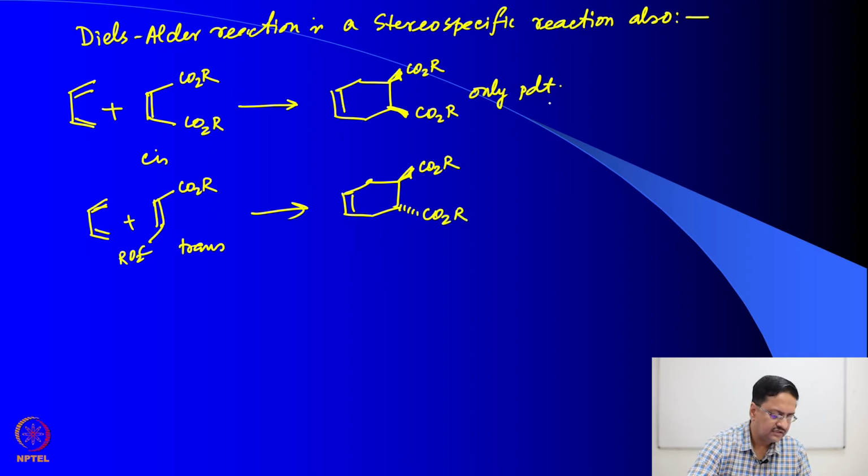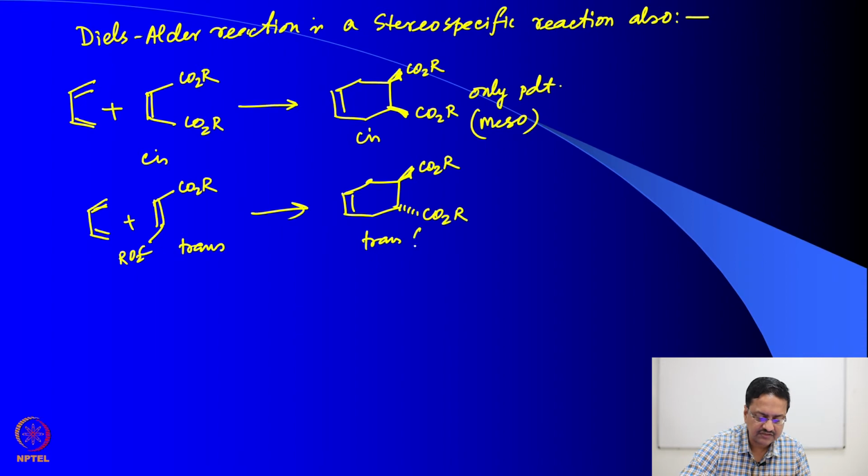Of course, this cis product is a meso compound, and this trans is a racemic mixture.